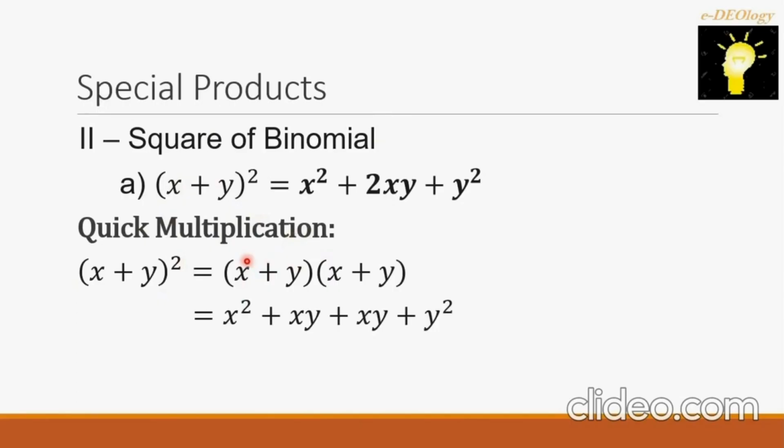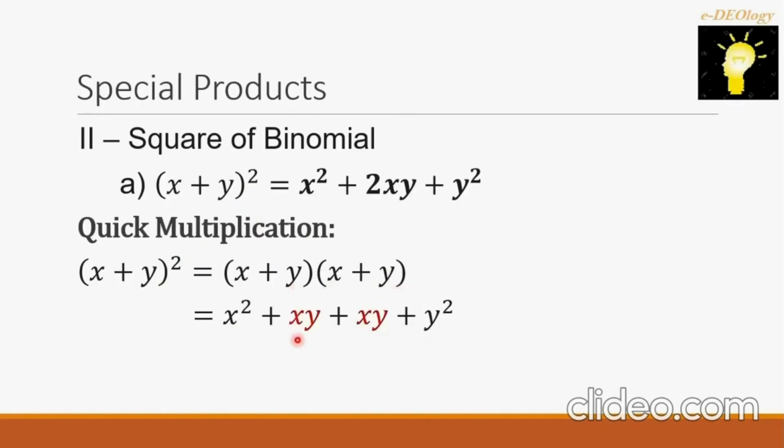One by one, we will multiply the x with the x. We will get x squared. X multiplied by y, we will get the xy. And then the y multiplied by x, we will get the yx, or we can write it also as xy. And the y multiplied by y, we will get the y squared.